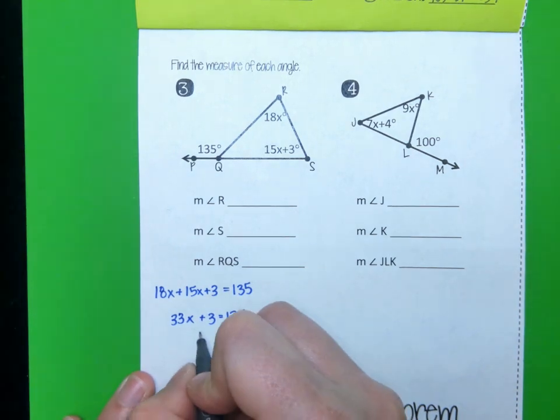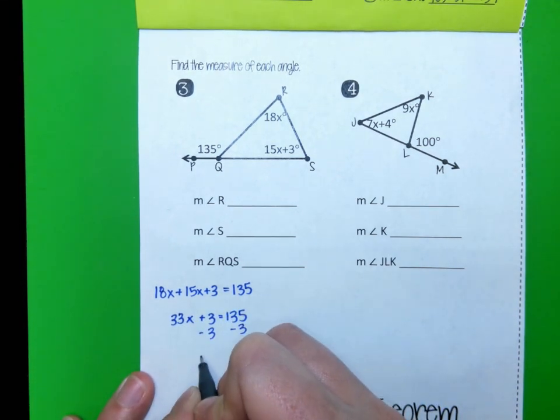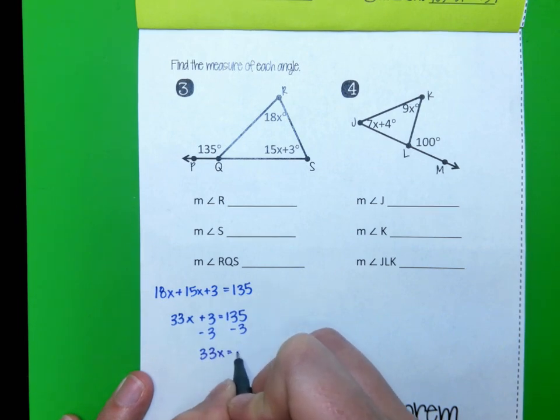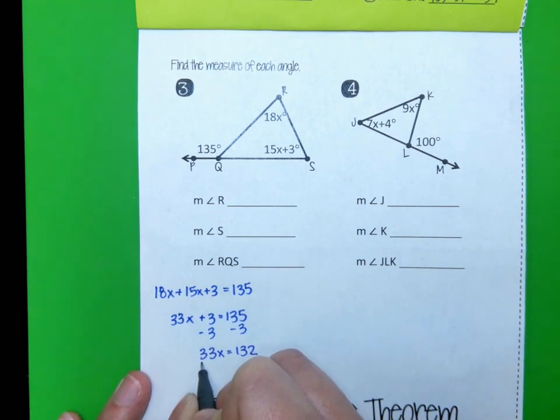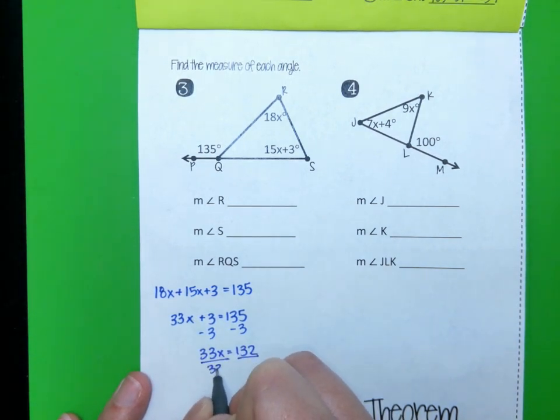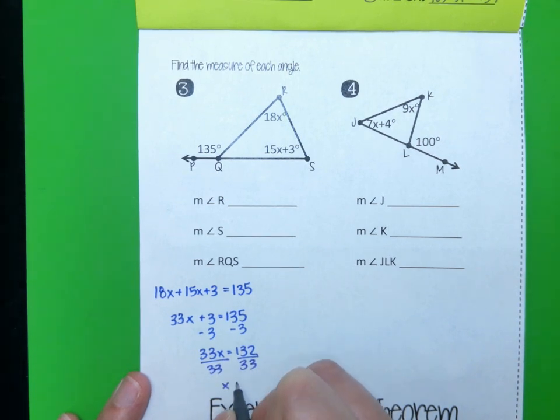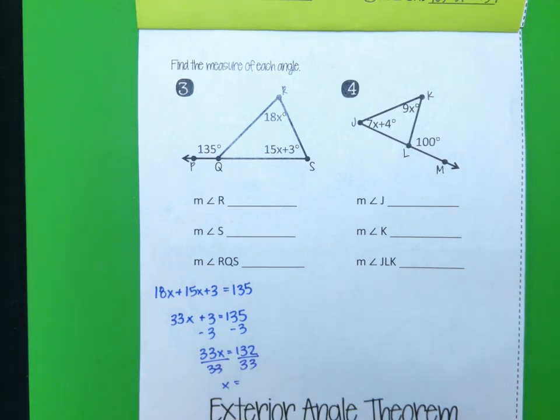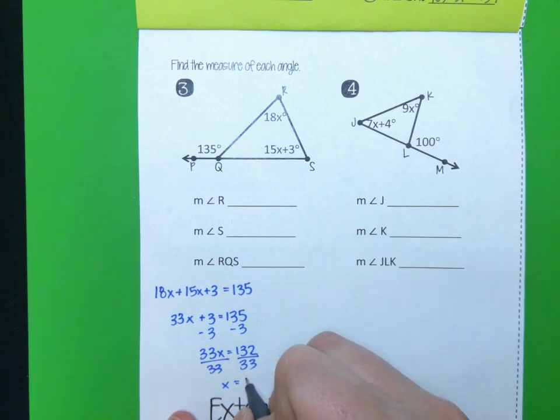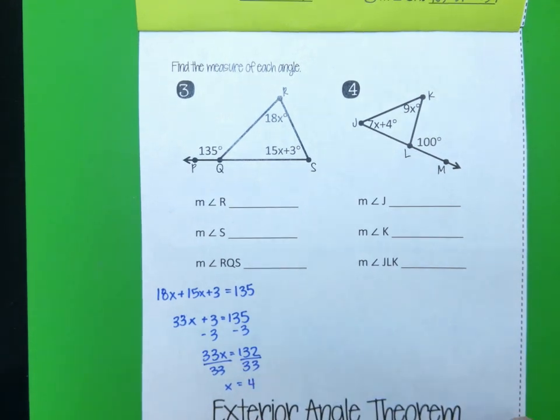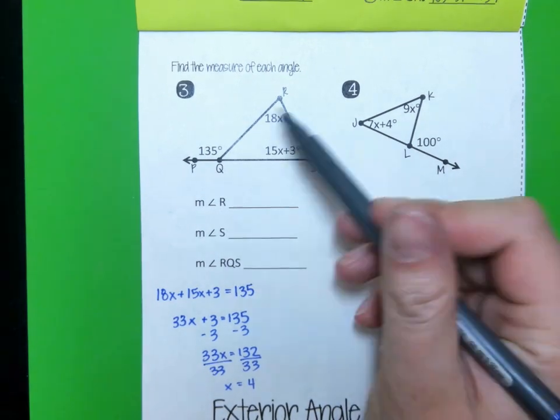So I'm going to subtract 3. I get 33x equals 132. Divide by 33. And you get x equals 4. Now, notice, none of your problem wants x.